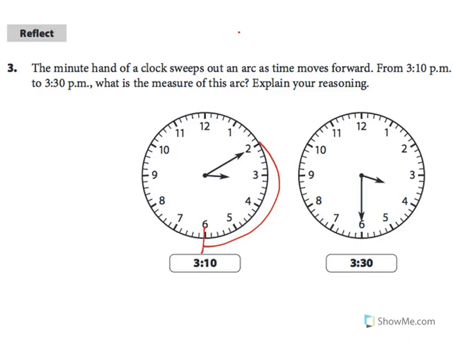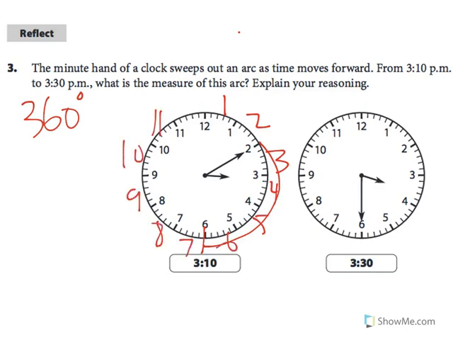Well, we know that for the circle, the degree is 360. You notice that we divide this into 1, 2, 3, 4, 5, 6, 7, 8, 9, 10, 11, and 12.